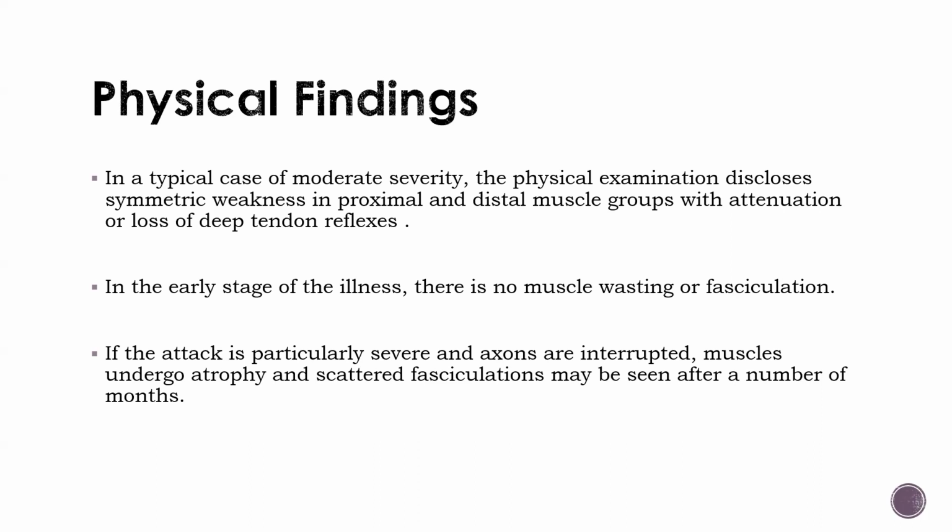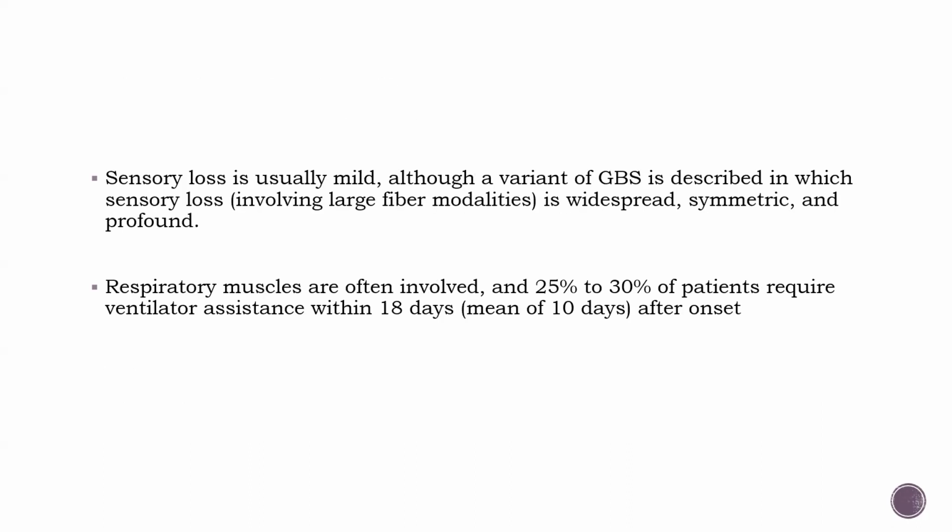If the attack is particularly severe and axons are interrupted, muscles undergo atrophy and scattered fasciculations may be seen after a number of months. Sensory loss is usually mild, although a variant of GBS is described in which sensory loss is widespread, symmetric, and profound.